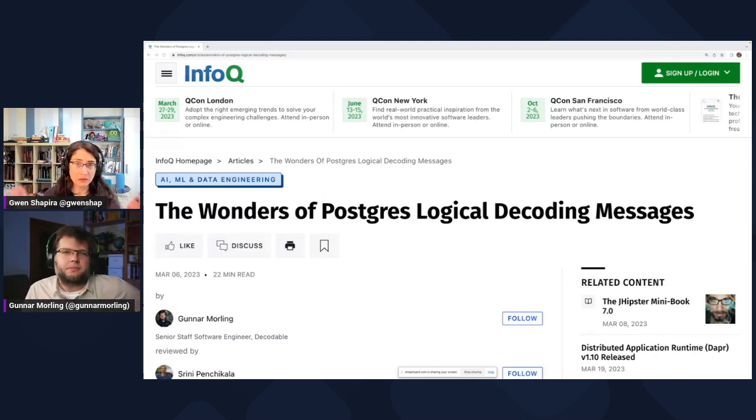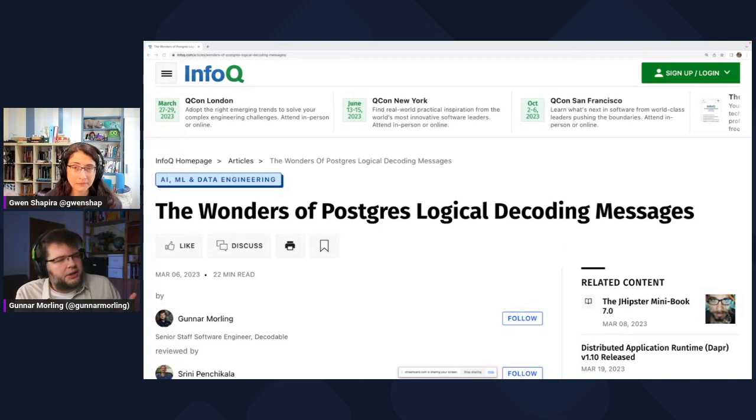So you discovered the Postgres logical decoding messages. What are they? Right. To give a bit more context, all those databases like Postgres have what's called the transaction log. This is the canonical source of truth of the database. Whenever an application writes to the database, it will be appended to this transaction log. This happens for two reasons.